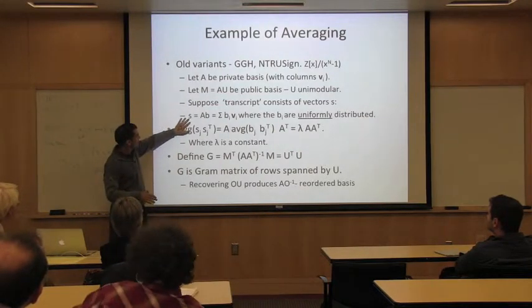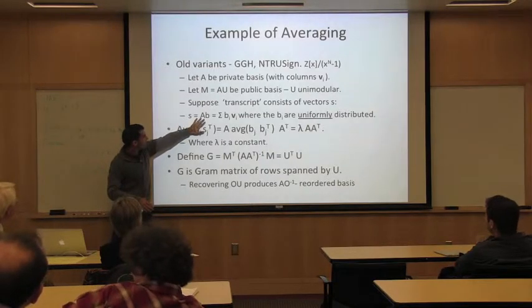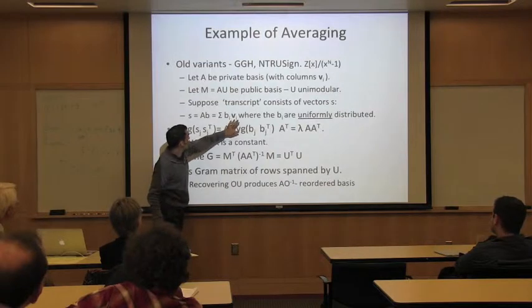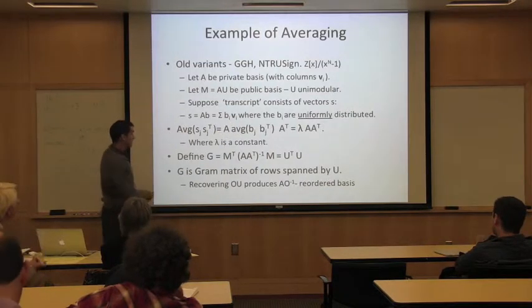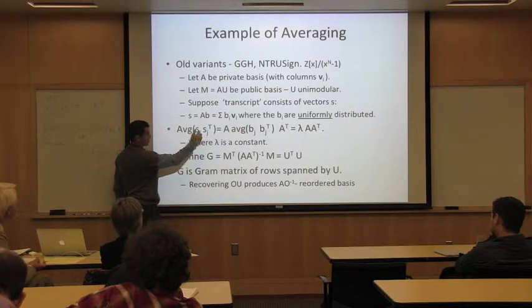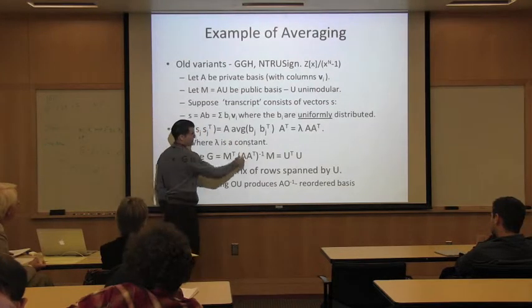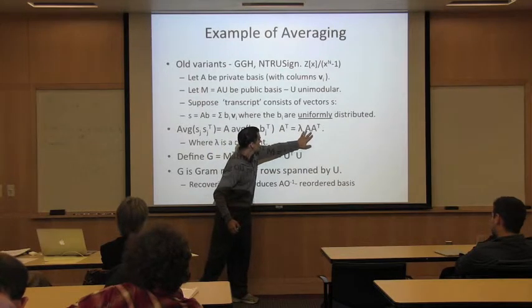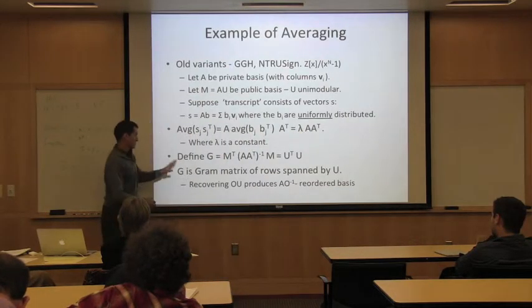So say you have different linear combinations of the columns of A, which are different combinations of those basis vectors. If these B's are uniformly distributed, you could compute this quantity, which is these signatures as column vectors. So you've got a column and a row, and you multiply them out to get an n by n matrix, and that comes out to be some scalar constant times A times A transpose.